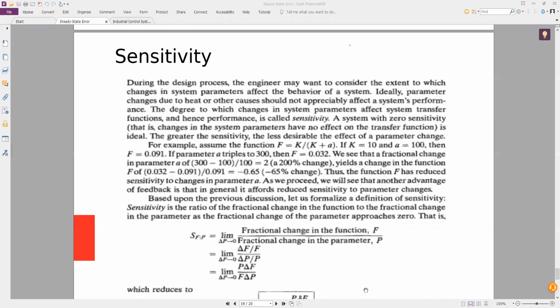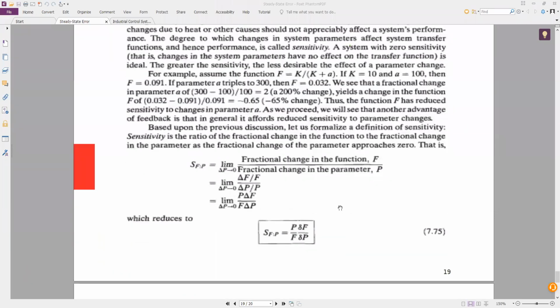The change in the function F is 0.032 minus 0.091, so minus 65% change. The function F has reduced sensitivity to change in parameter a. As we proceed, we will see that another advantage of feedback is that in general it affords reduced sensitivity to parameter changes. So the sensitivity formula is this one: dF over F divided by da over a.